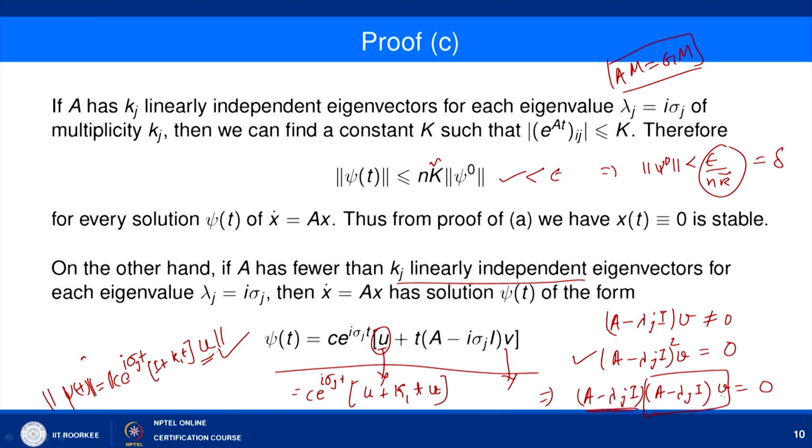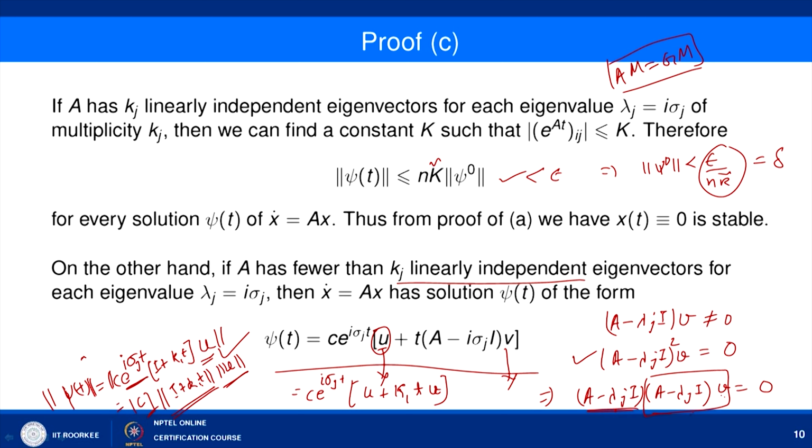since u is a constant vector, the norm of e to the power i sigma j t is 1, and the norm of c is modulus of c, and then the norm of (1 plus k1 t) and the norm of u. Now, this is a constant value, this is a constant value, but this is a polynomial function of t.